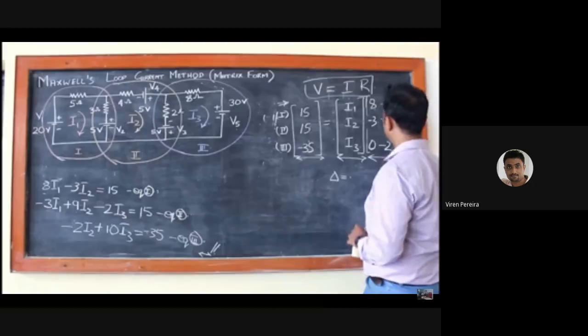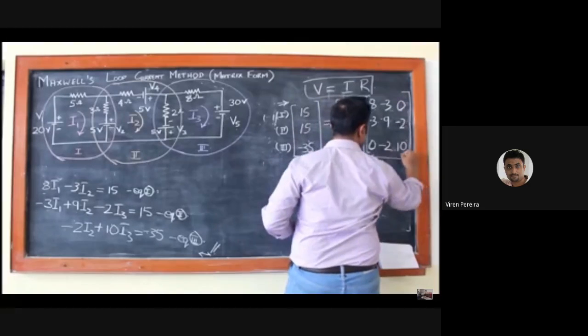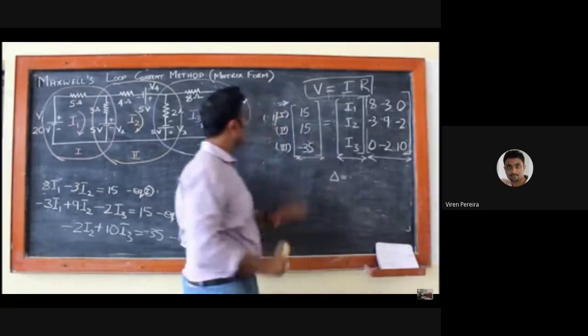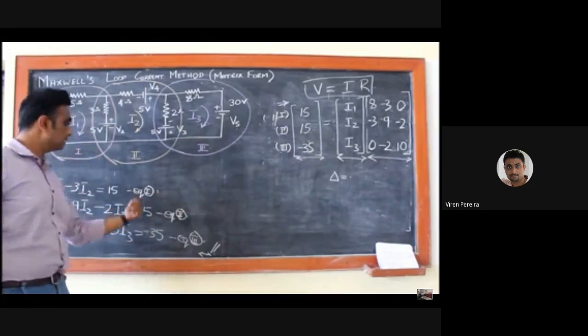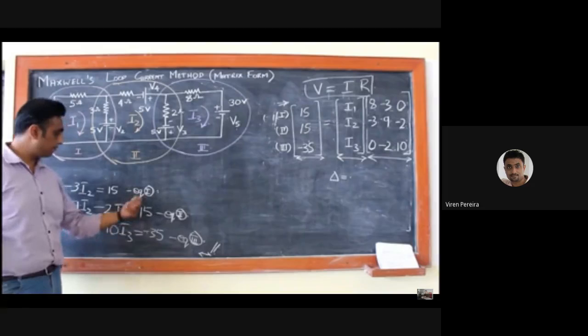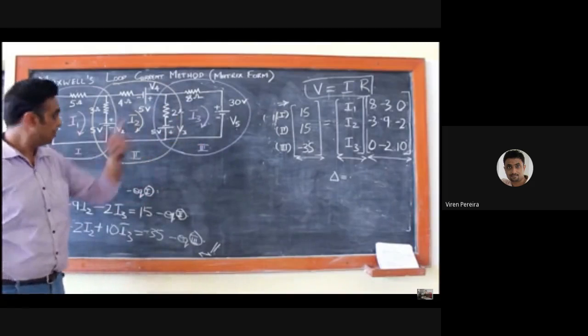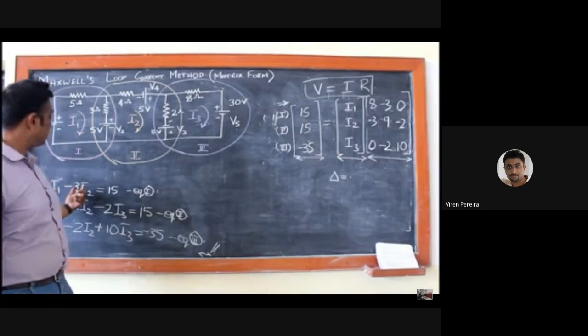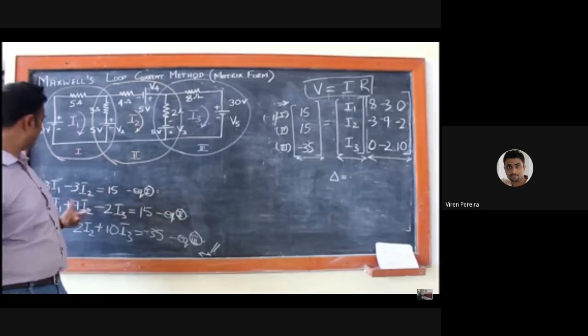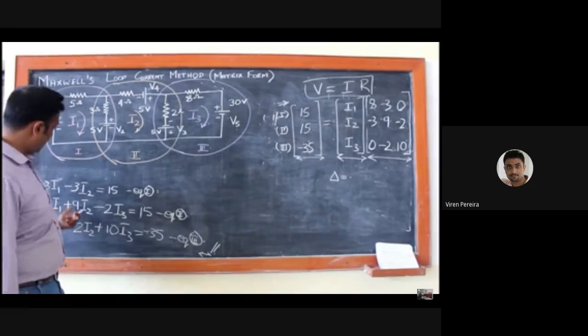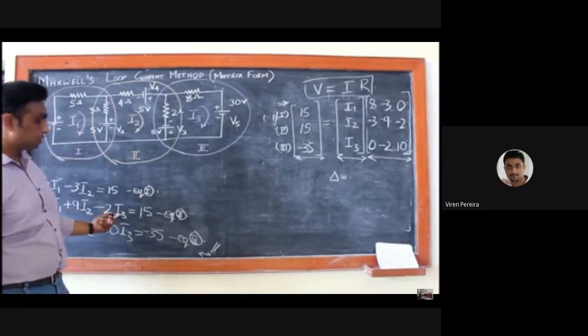So this here is your resistance matrix. Now we have entered all the values depending upon these three equations. So we have 15, 15, minus 35. We have 8, minus 3 and 0 since I3 is not there. We have minus 3, plus 9 and minus 2 since we have all I1, I2, I3.